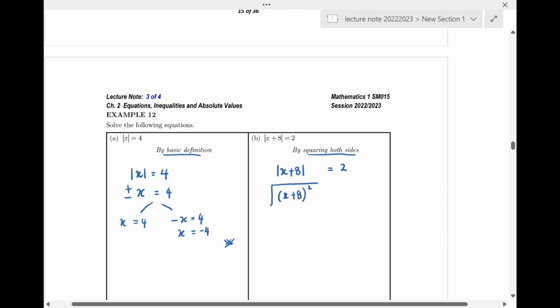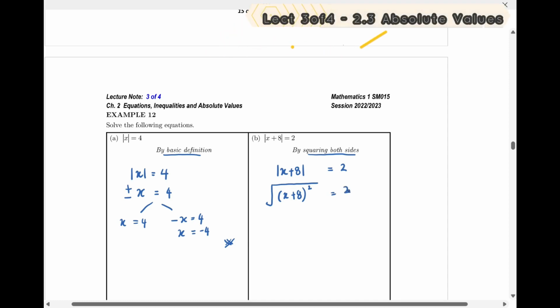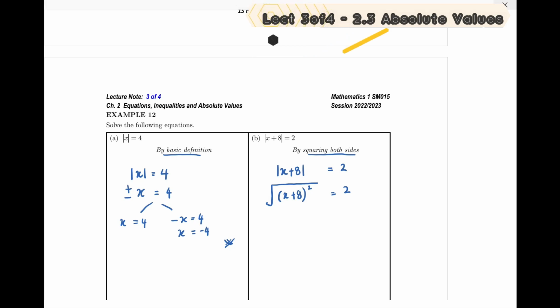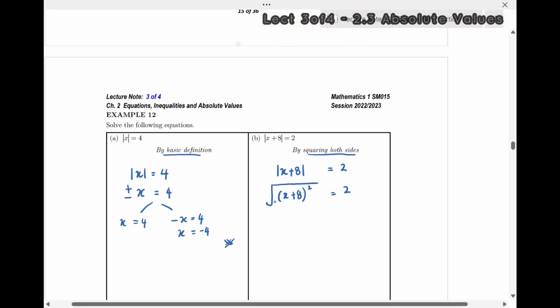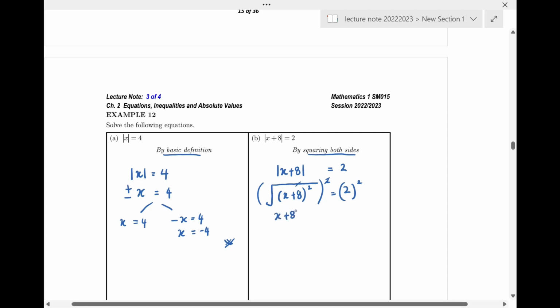This is the definition of modulus. And then in order to cancel off the square root outside, we have to square both sides. Then the square root will be cancelled off, and we are left only with x plus 8 squared equals 4.